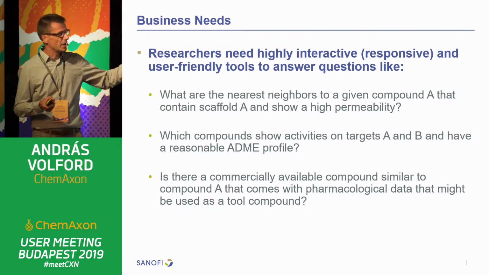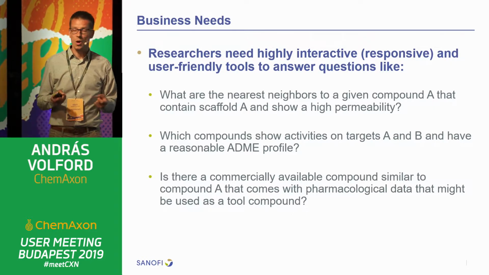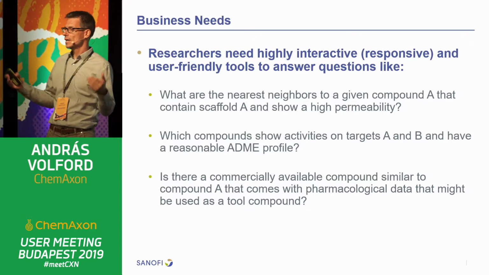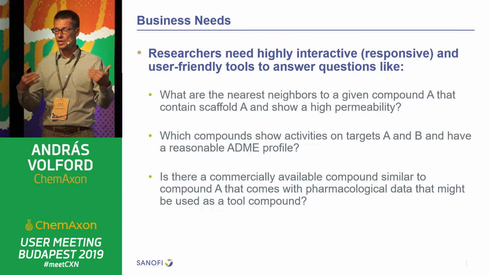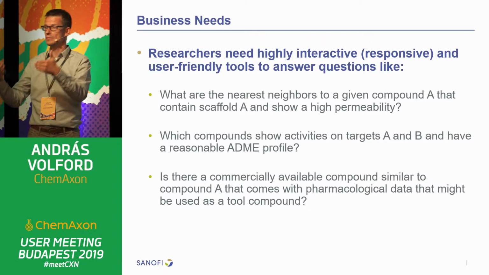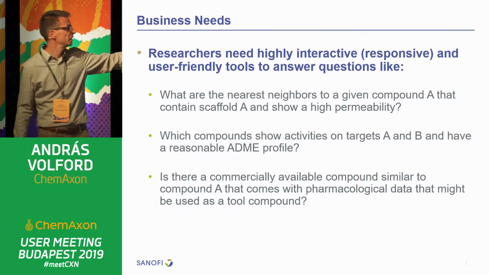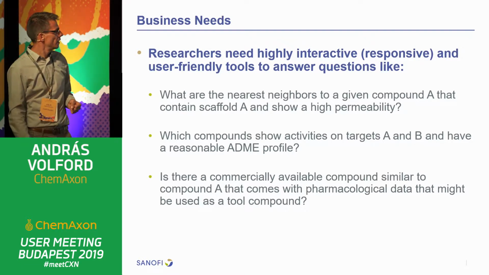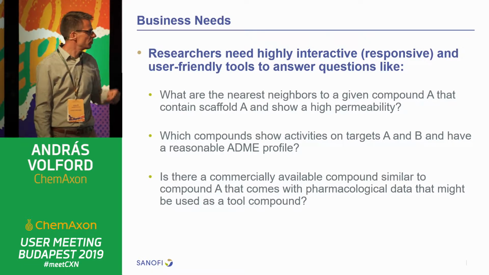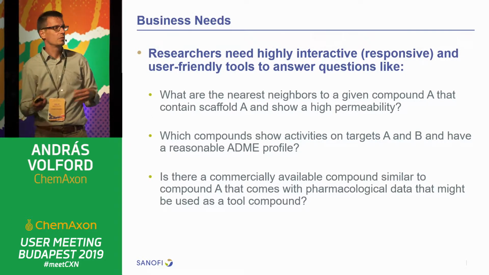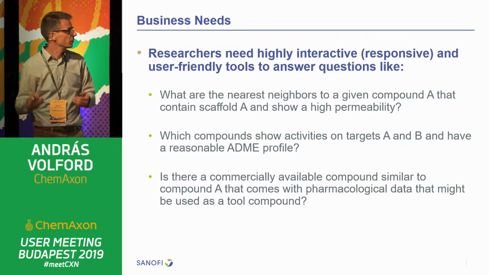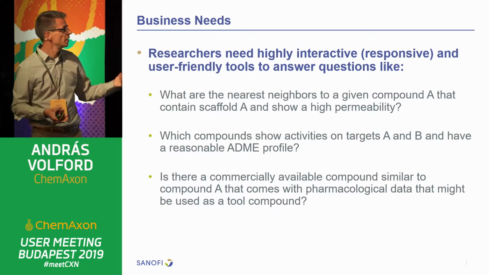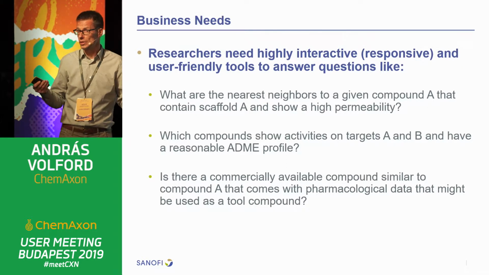Another one: we have two targets, A and B, show structures which are active on both A and B, but also with the criterion that the ADME profile should be very good. And a third use case he mentioned: I have a compound A that has very good pharmacological data, and I want to find a commercially available structure.